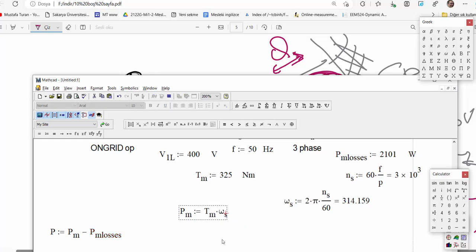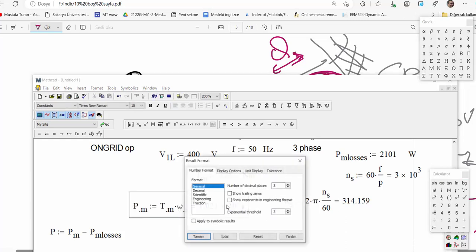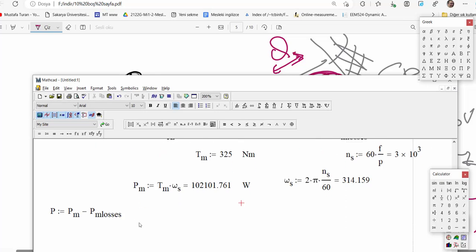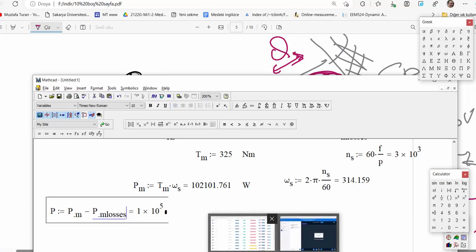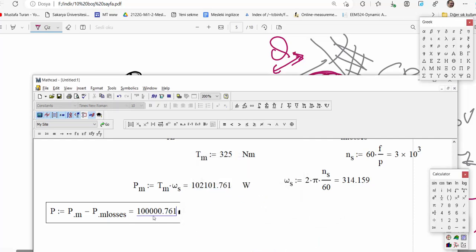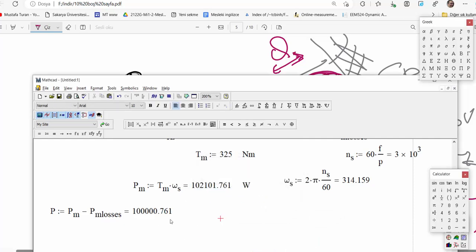So mechanical input power is equal to such an input in watts. If you subtract mechanical losses, you get electrical output, which is almost purely 100 kilowatts.